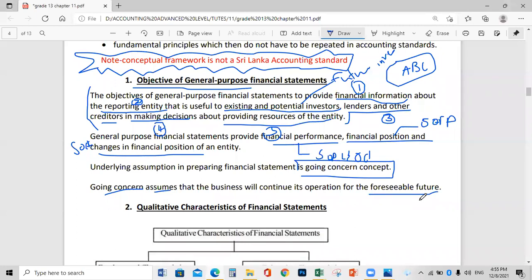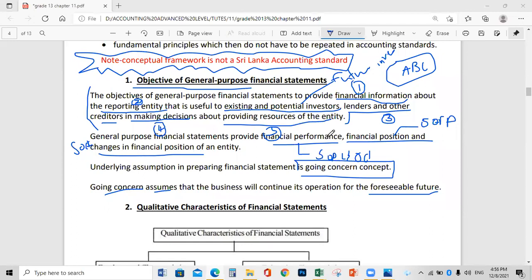Foreseeable future means an unlimited time. It will continue forever. That is an assumption. In reality, it doesn't happen, right? It depends on the business. Sometimes it can go bankrupt tomorrow, next year, or after 5 years. But we have to make this assumption. Then only we can prepare financial statements. If we make this assumption, it is easy for us to prepare financial statements.